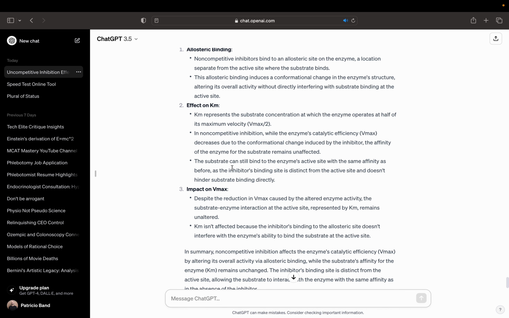So the substrate can still bind to the enzyme's active site with the same affinity as before, as the inhibitor's binding site is distinct from the active site and doesn't hinder substrate binding directly.